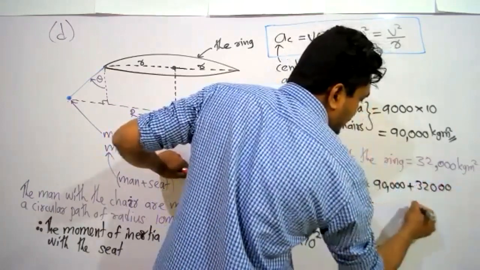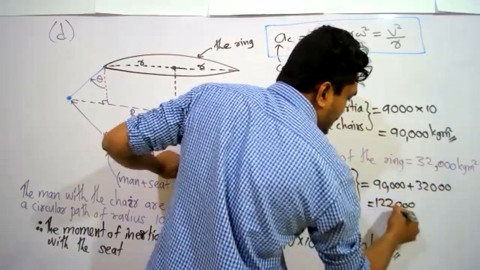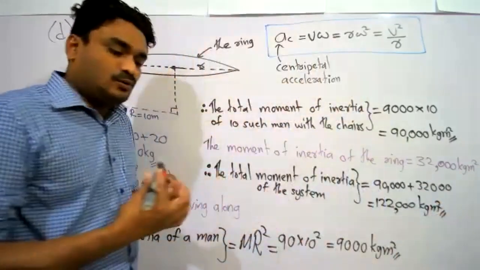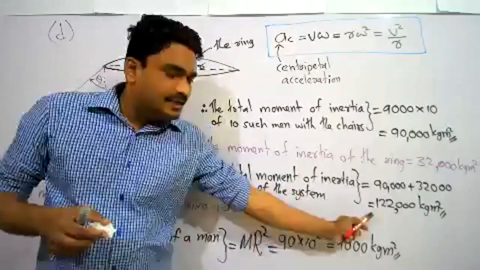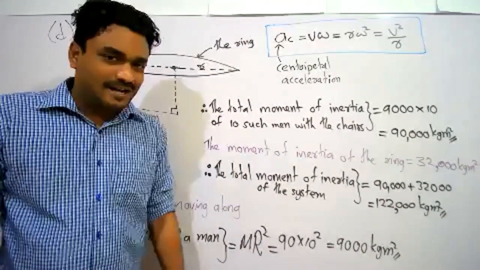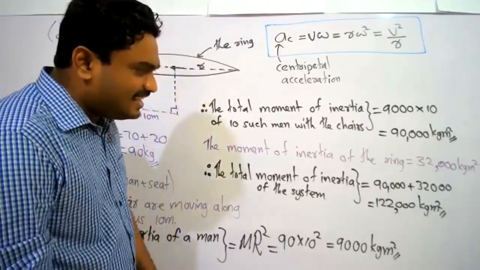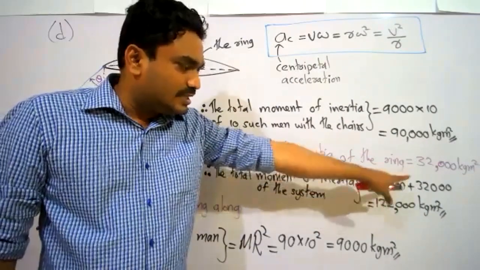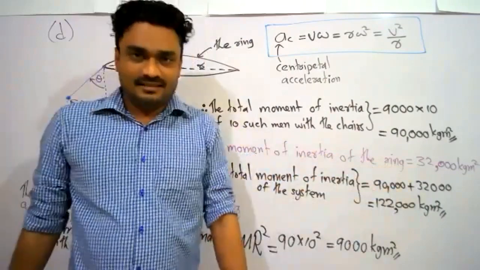If you add them, you get 222,000? Am I right? 122,000. Is this correct here? 90,000 plus 32,000, 122,000. Correct.